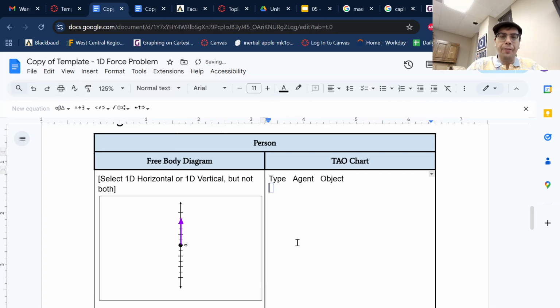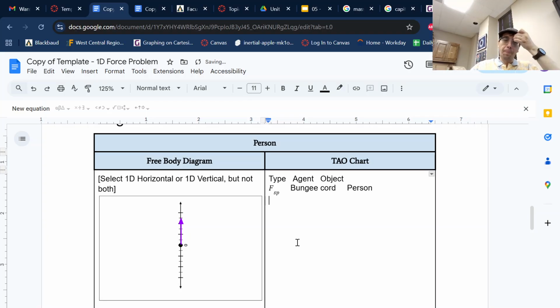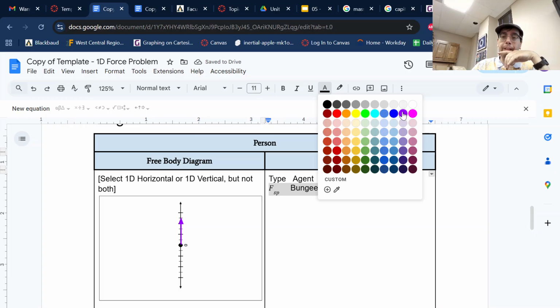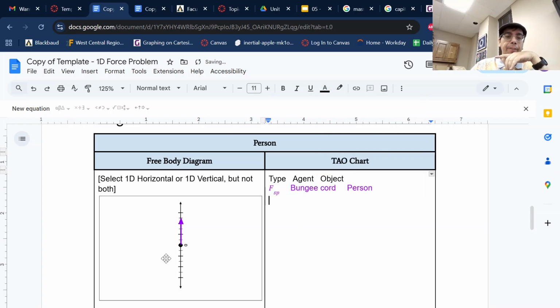And so the type of this first one is spring force. And the agent of the spring force is exactly the bungee cord. And the object is the person. And I'm going to make that purple just to color code it with my free body diagram over here.